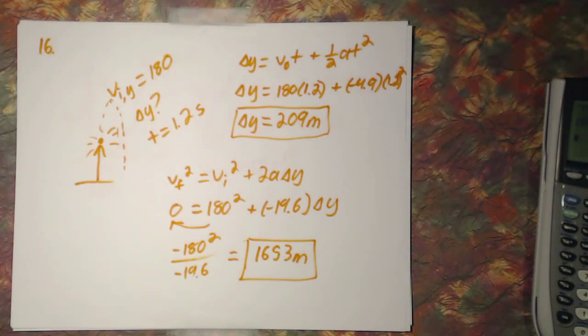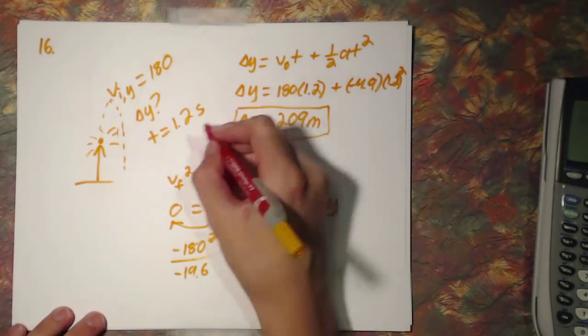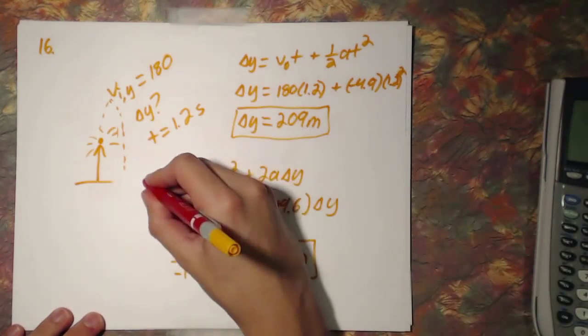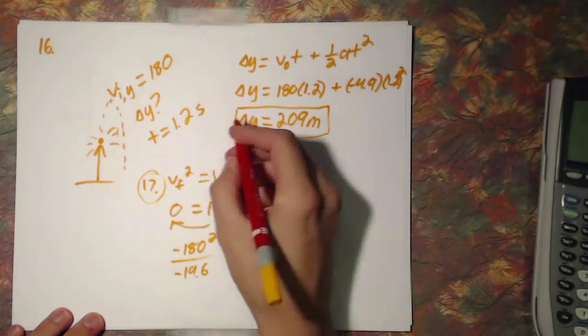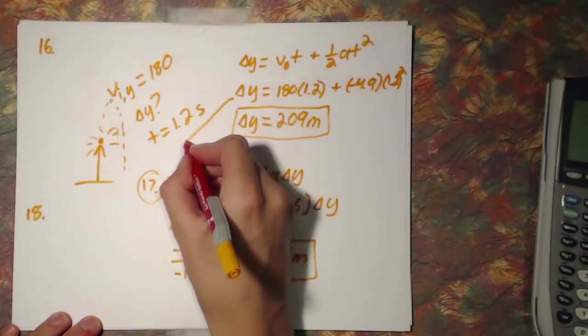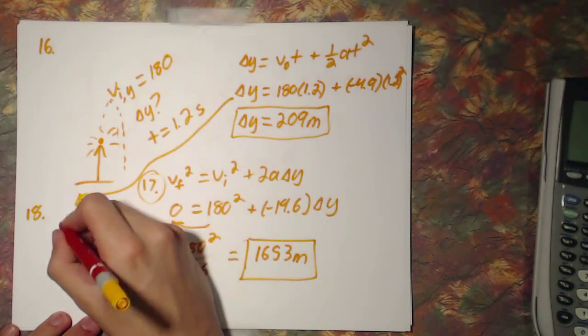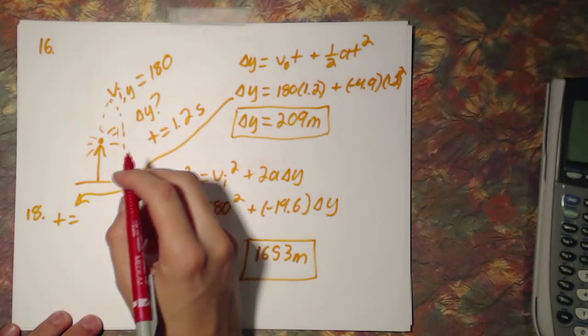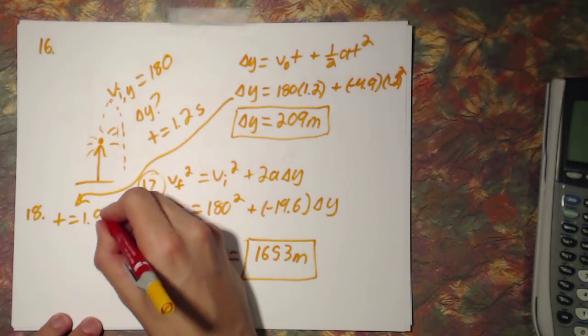And then question 18 says, what will the height of the chrysanthemum be after 1.9 seconds? So this is really just the same thing as question 16. They're just giving you a different number. Sorry, I should probably put 18 for this part. So you really just want to take this and plug time equals 1.9 into it.